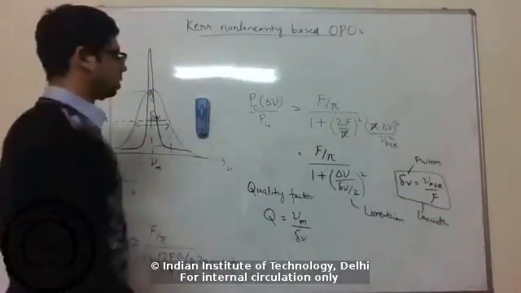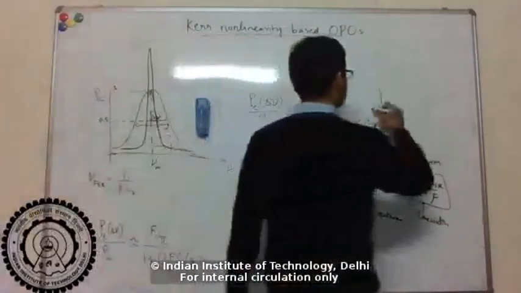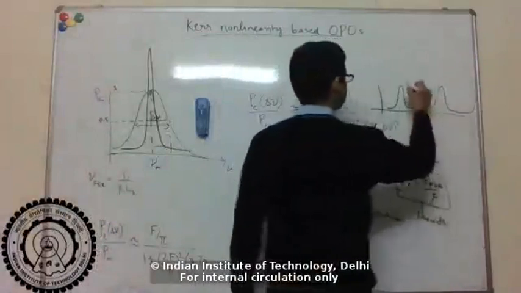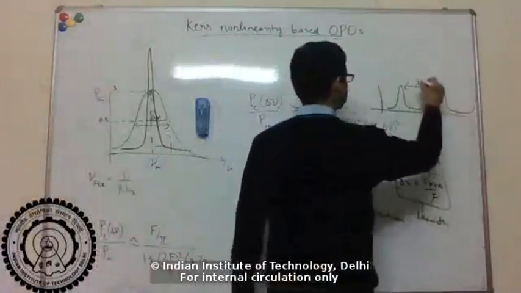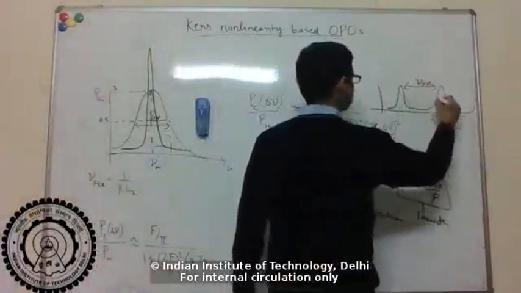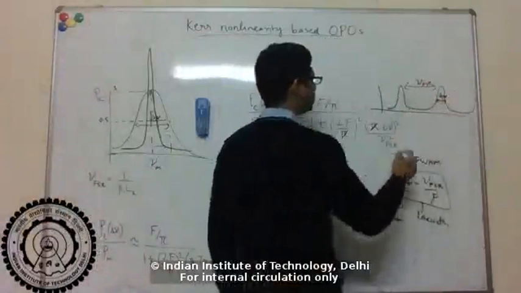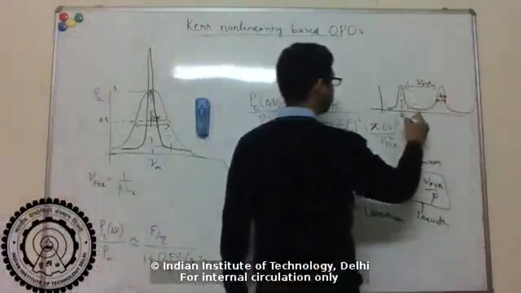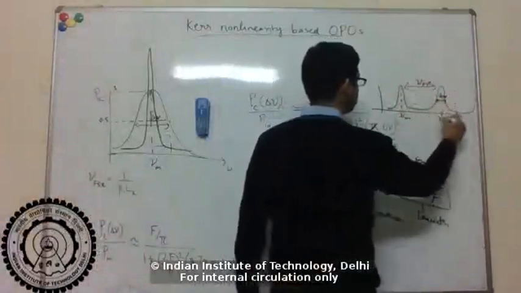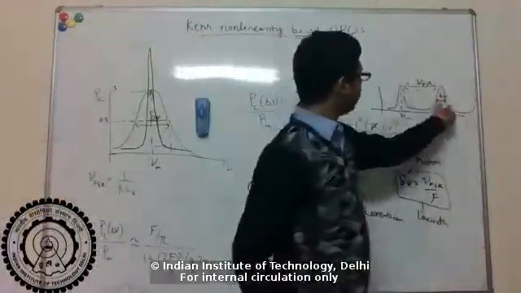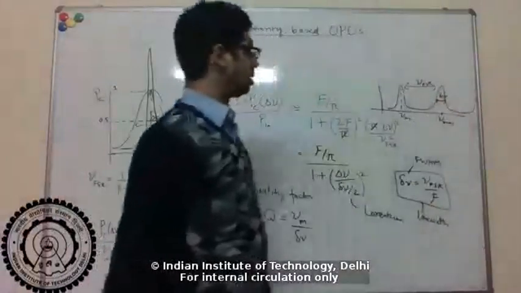Right. So if I draw the resonances here, this is FSR, the line width delta nu, and this is nu m plus 1, right? So the FSR divided by the line width is the finesse.